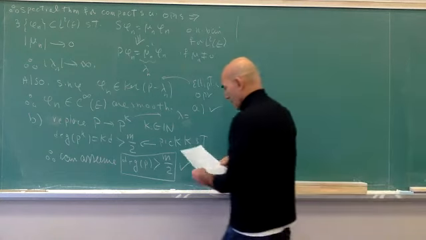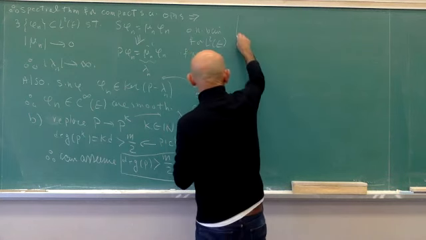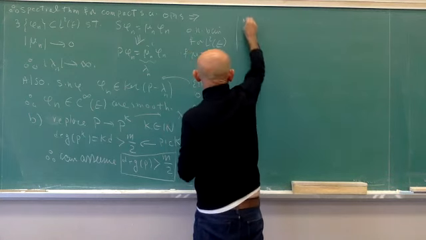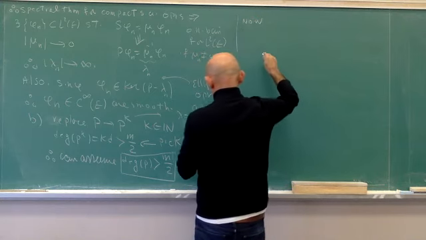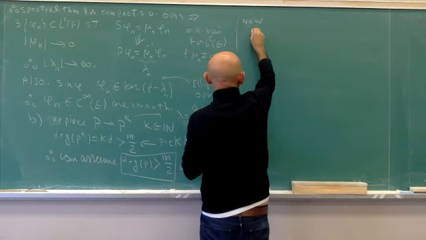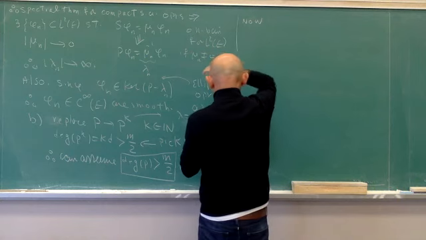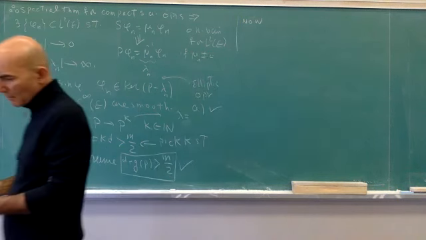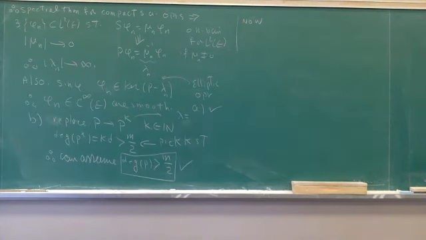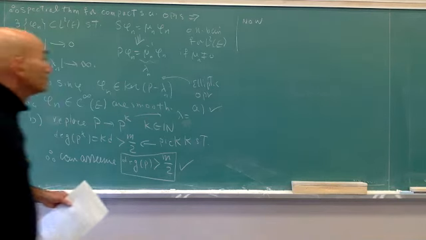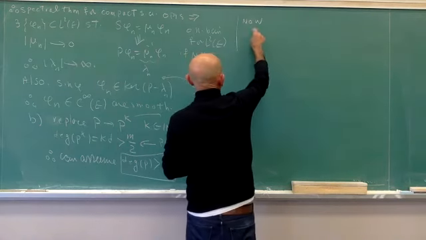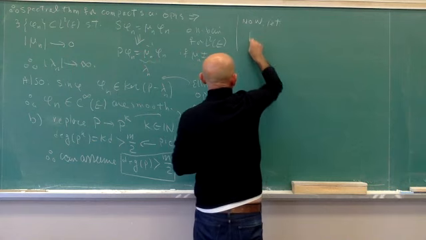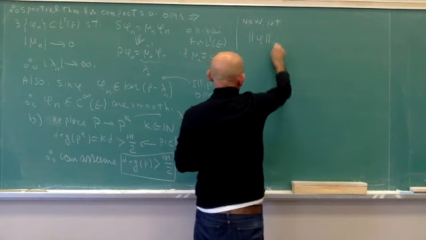Okay, so I can just say now, norm phi infinity. Of course, this is the sup norm of the function, right?